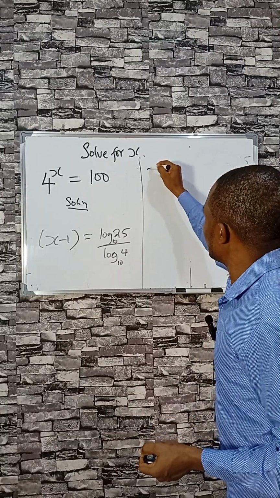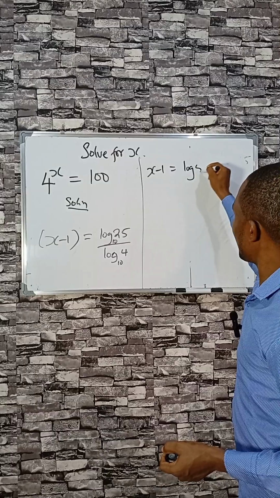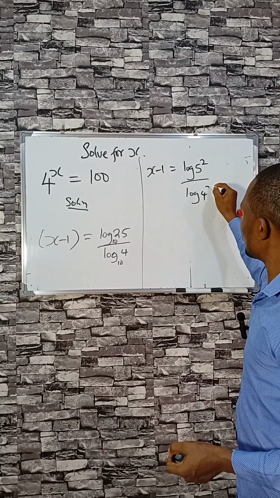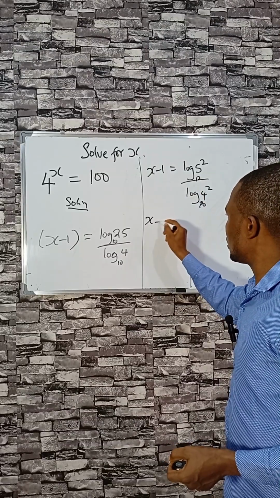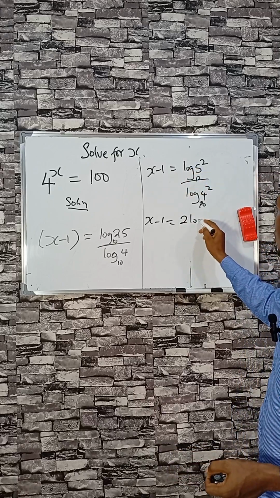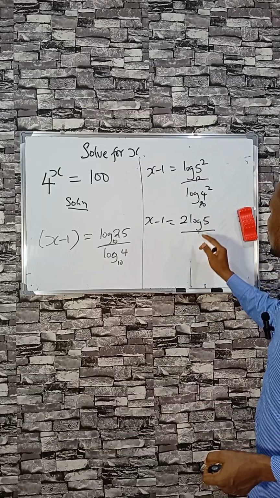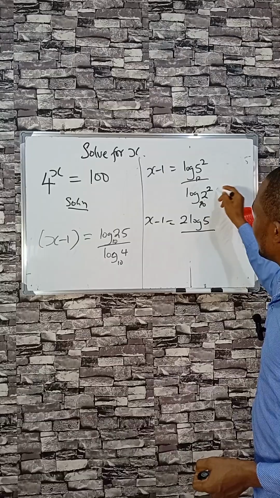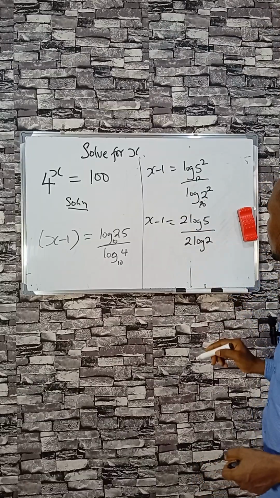So what if I write this as log 5 squared divided by log 4 squared, all base 10, so that this will be 2, going back to the back of this log, 2 log 5 base 10 divided by this one, 4, sorry, my mistake here, 4 is 2 squared, that 2 log 2.